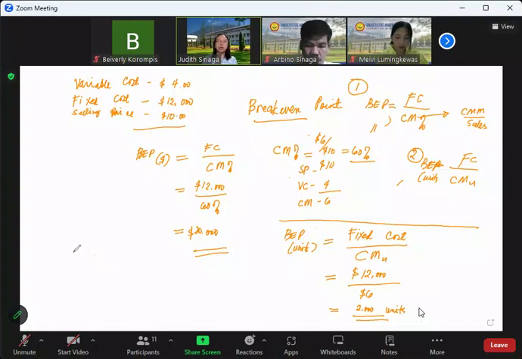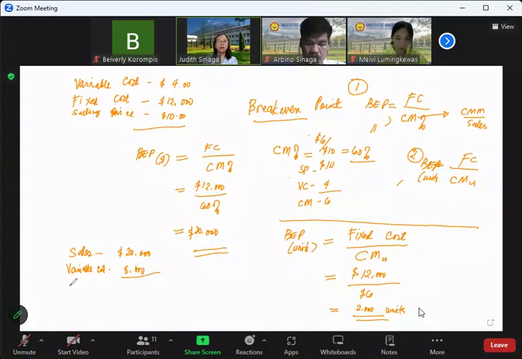So let's take a look at the sales. Let's make a simple financial statement. You have 20,000. Right? How much is the variable cost? The variable cost is 4, and then 4 times 2,000 units. Earlier, $4 times the break-even units of 2,000, so you have 8,000.